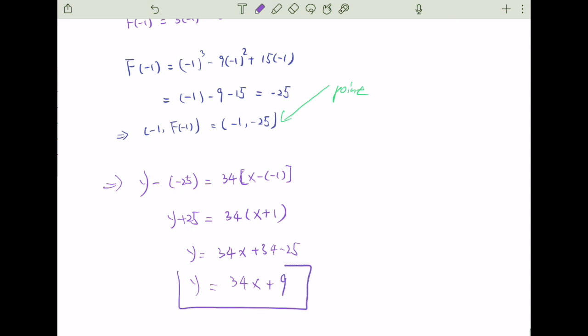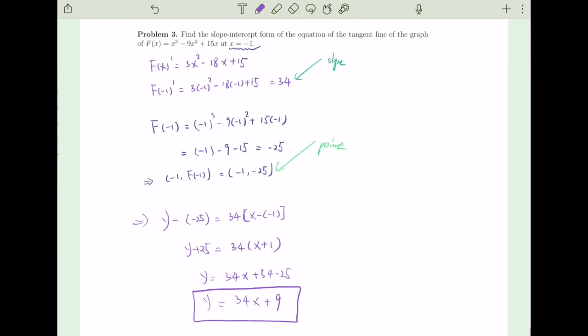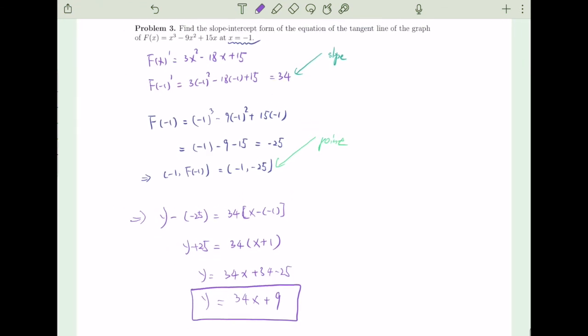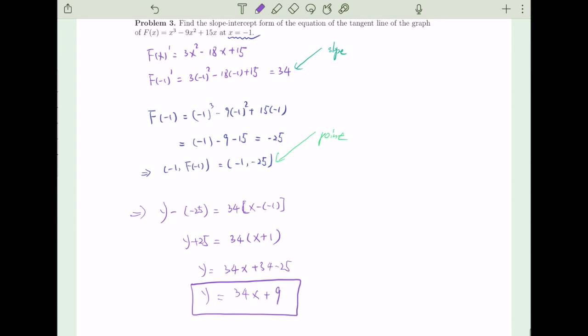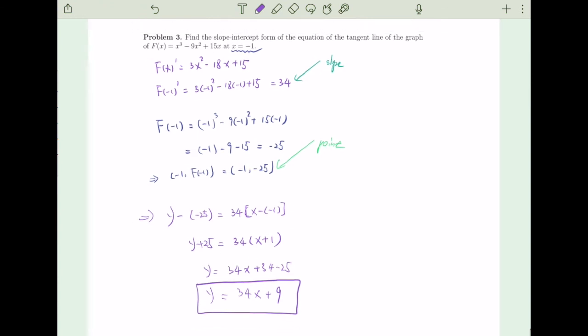That is our slope-intercept form of the equation of the line. And a summary here is that we use the derivative to find the slope, and use that given x, plug into the original function to find the x and y coordinates of the point. And the last step is to use the point slope form to write out the equation, and then we convert that into the slope intercept form. So that is our question 3.